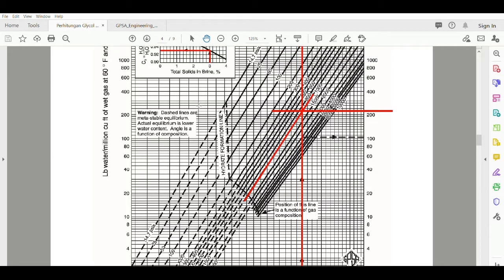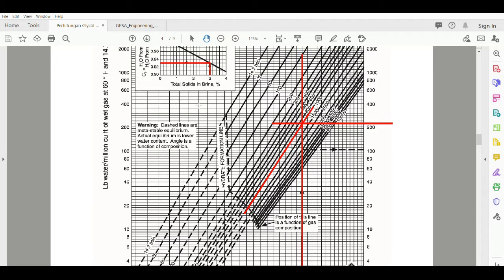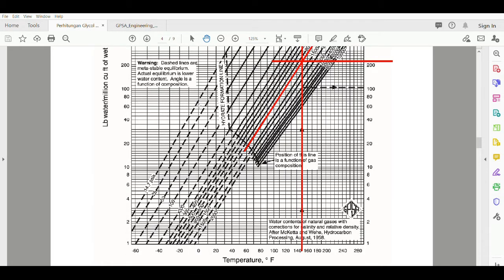This usually happens in areas like the North Sea, probably the Gulf of Mexico, but the Gulf of Mexico is hot enough, not as cold as the North Sea, or in Alaska probably. But it will not occur in Indonesia, where it's rarely 20 or 30 degrees Fahrenheit.